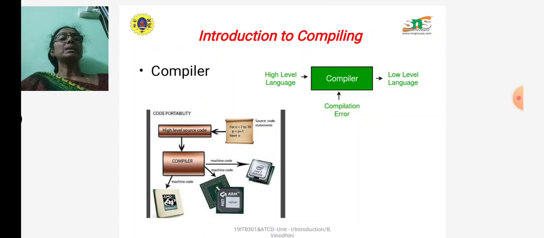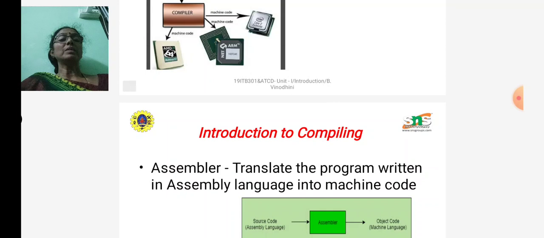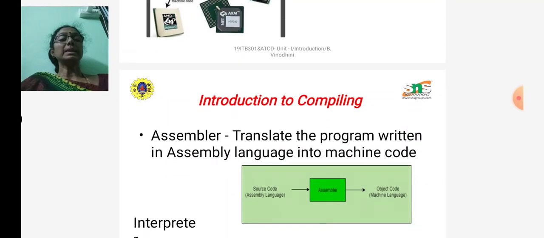In that compilation, we have several tools to convert our high level language into the assembly level language. Next is the assembler. The output of the compiler is given to the assembler. The assembler translates the program written in the assembly level language into the machine code.